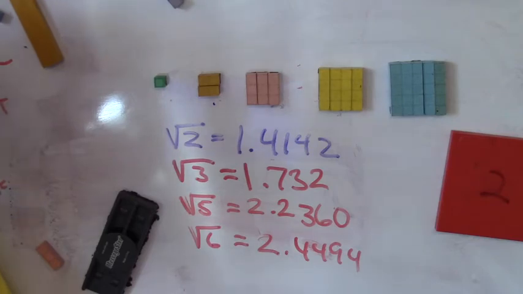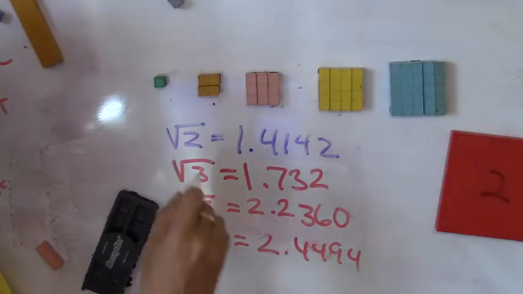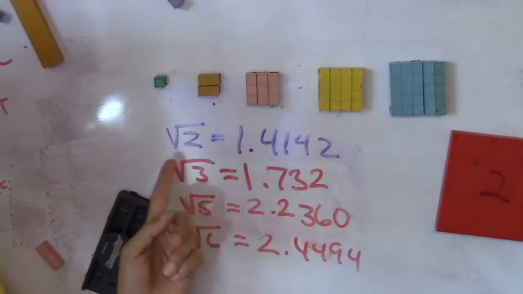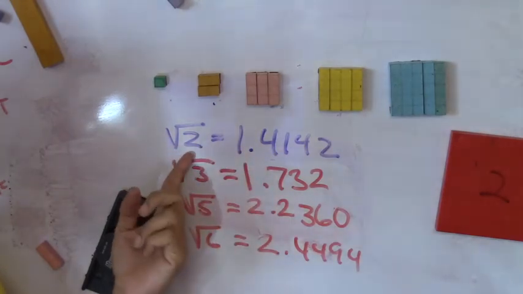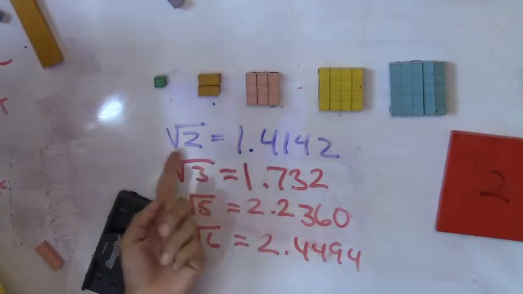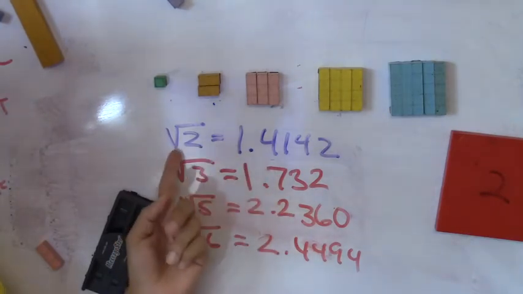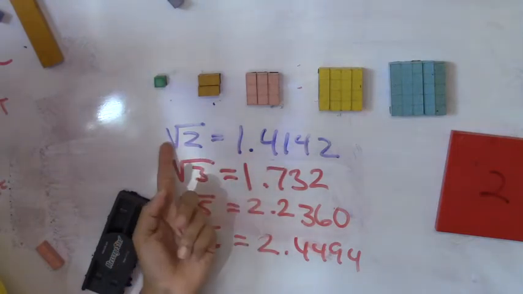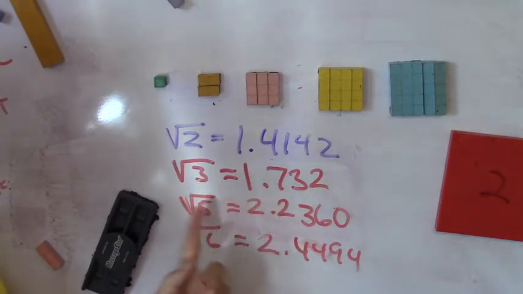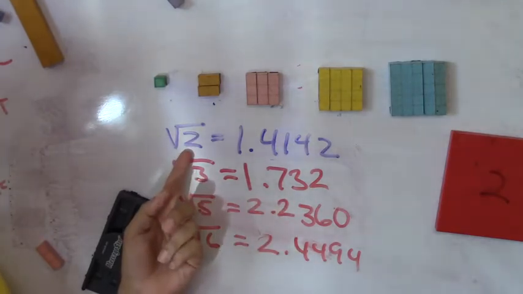Okay, so as you can see, which of these two would you say is the more accurate representation of the square root of 2? Left or right? Well, this one, right?